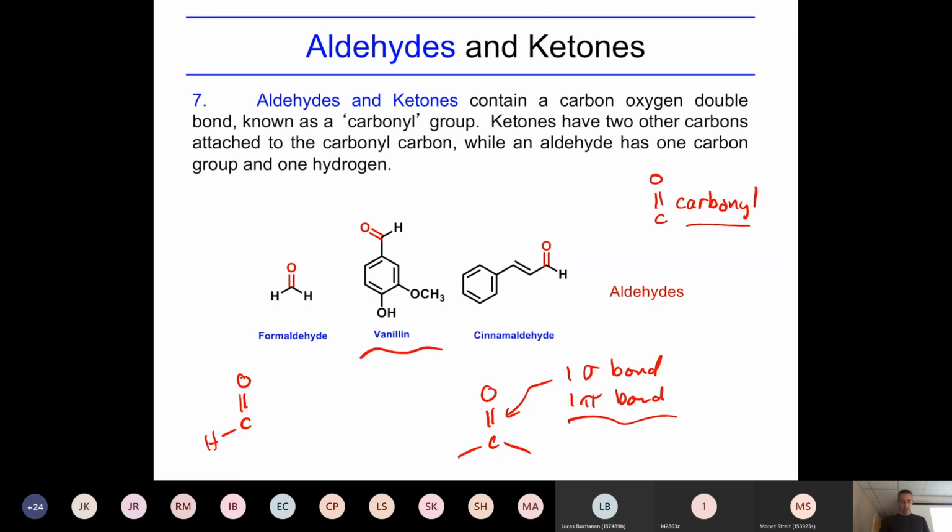Vanillin is the molecule produced in the vanilla bean. And you can see it has an aldehyde group there as well, carbon, double bond, oxygen, and a hydrogen. Do you see any other functional groups in vanillin? What else has this guy got?